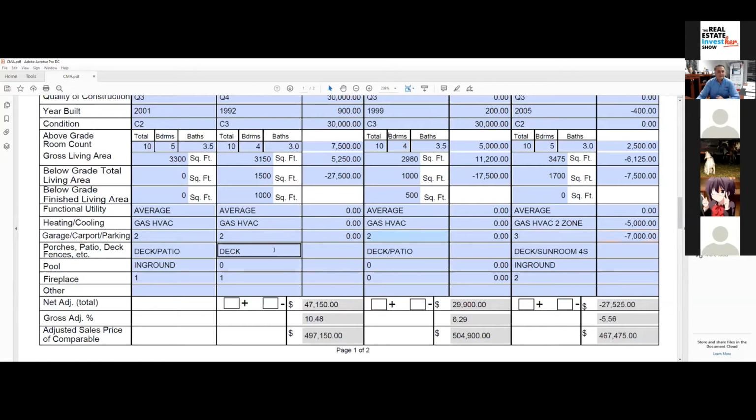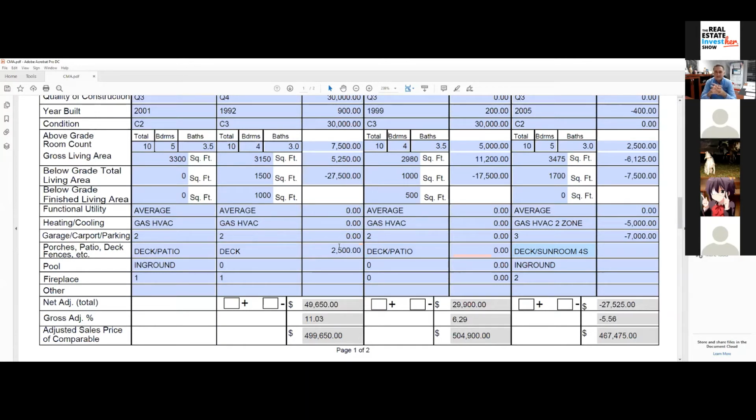So here we go. This home has a deck and a patio. This home has only a deck, not having a patio. And how much was the credit for patio? 2,500. So we'll give $2,500 credit. And here's another deck and patio. Now this home has a deck and a sunroom, 4 seasons.